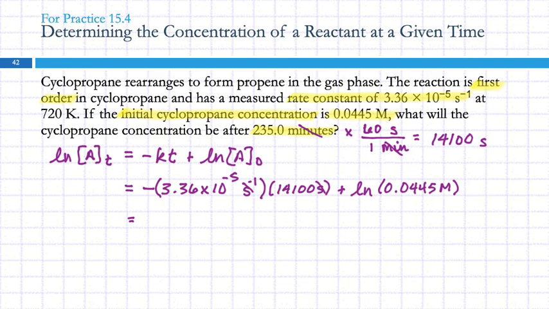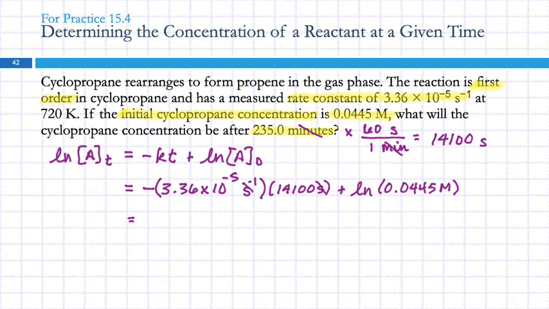Okay, so negative 3.36. If you did not get comfortable with the scientific notation button on your calculator in Chem 1A, you need to do it now. Do not do times 10 raised to the minus 5. There is a special button on your calculator, EE or EXP, and everything will go much more smoothly if you learn how to do that. So I'm typing in 3.36.